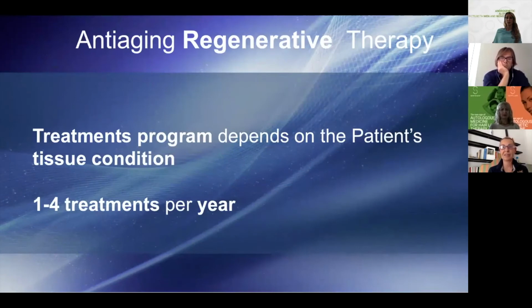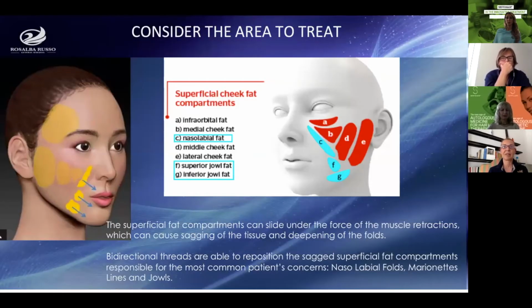This treatment, depending on the patient and the condition of the skin, you can do 1, 2, or 4 treatments per year. This is important. When we speak about the threads, it is very important to consider the area to be treated.